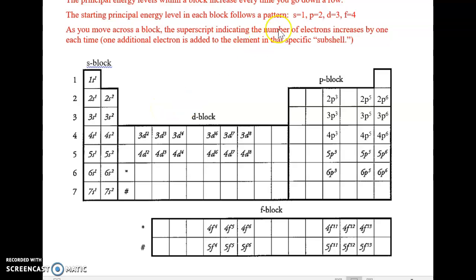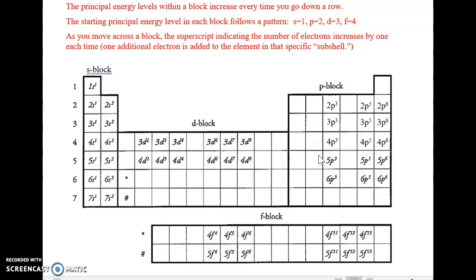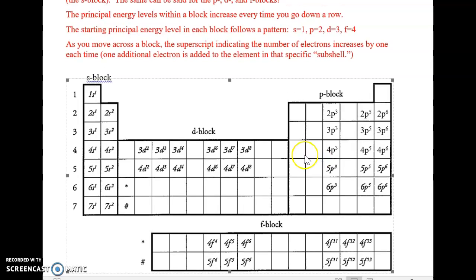There's a couple reasons why you need to remember this sequence SPDF. One is a pattern that we're going to talk about in just a second, but the one we're talking about right now is the thickness of the blocks. S is the thinnest block. It's 2 elements wide. P is the next thickest block. It's 6 elements wide. D is 10 elements wide. And F is 14 elements wide.